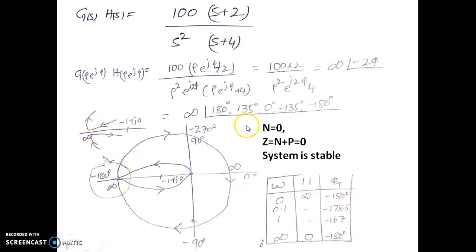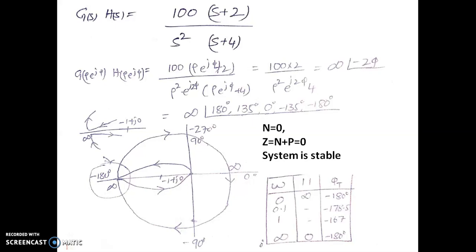Since n is equal to 0, P was also 0. You can see there were no poles on the right hand side of the S-plane. So P is 0, meaning there are no poles there. There are no closed loop poles lying on the right hand side of the S-plane, meaning that the system is stable. So this way we can draw the Nyquist plot even for a complicated transfer function carefully.